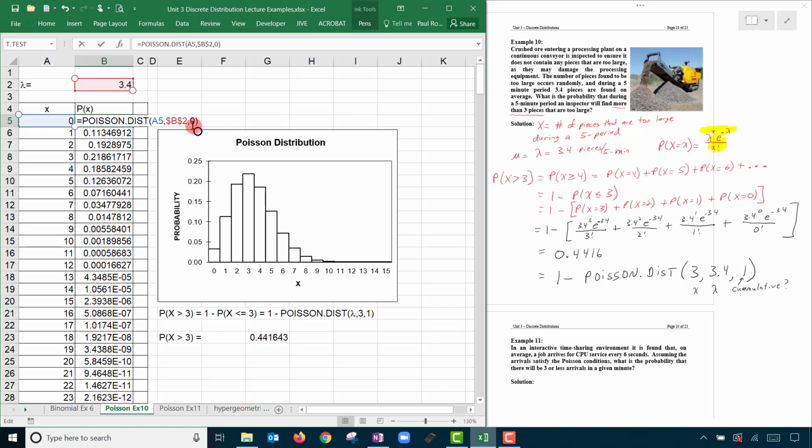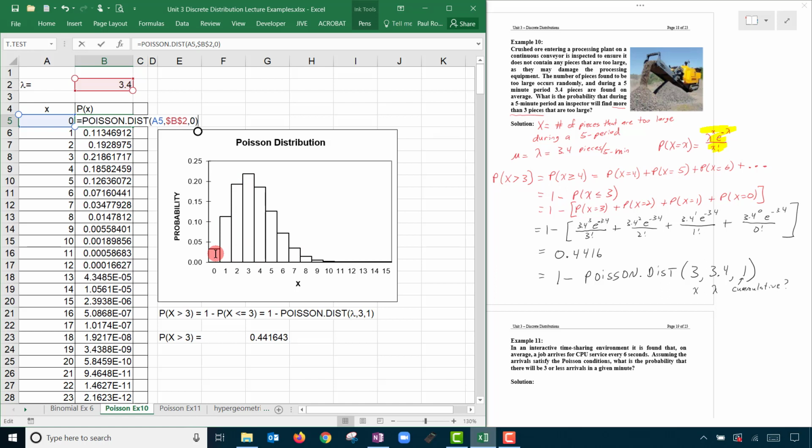In my table here, I said 0. I didn't want it to be cumulative because I wanted to build this chart. I wanted to know the probability of each event. It's rather nice to be able to see what we just did. This is what the distribution looks like, and we want the probability of more than 3. So we want 4, 5, 6, 7, 8, and continuing on. To solve it, we know that all the bars add up to 100%, and we took away 3, 2, 1, and 0.